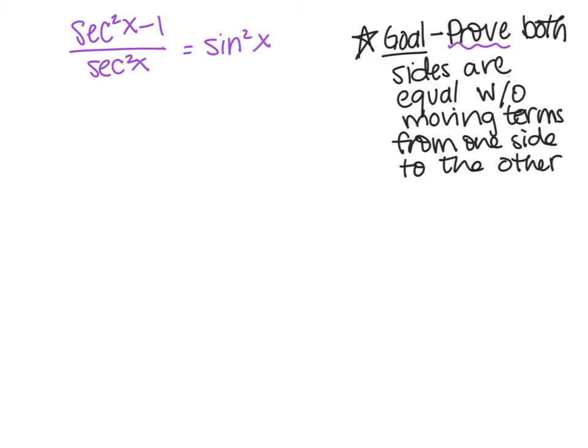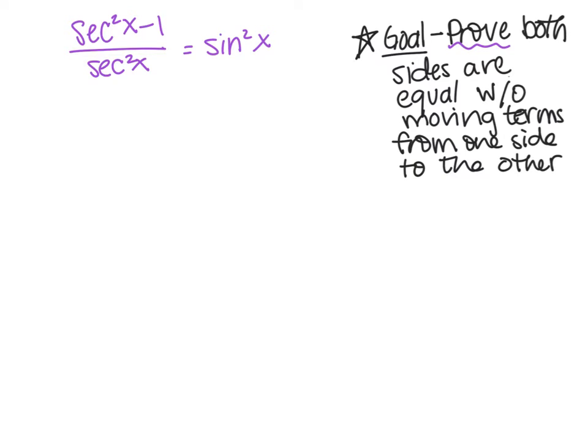So, for example, on this first one, we have secant squared x minus 1 over secant squared x. Somehow that is going to equal sine squared x. Our goal is to show how that happens. So, whenever you see a square, like I said on the previous slide, you should think towards Pythagorean identities.